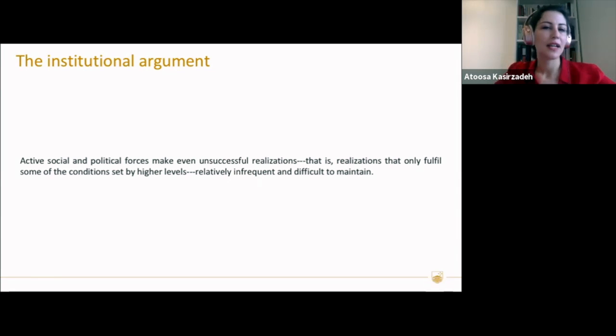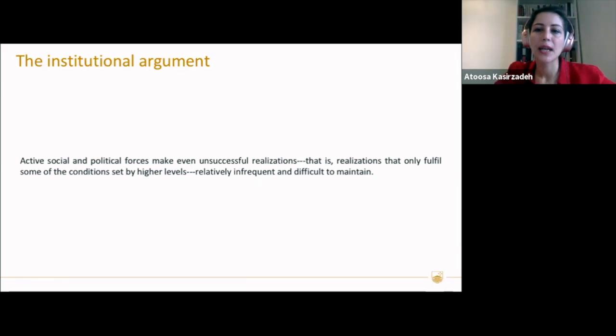So these different institutional pressures may have different effects at different levels of analysis. Broadly speaking, technical and procedural institutions work to correct partial realization. They want the system to do exactly what it's supposed to do. And when we have an algorithm for that, they want it to completely satisfy what the higher level necessitates.